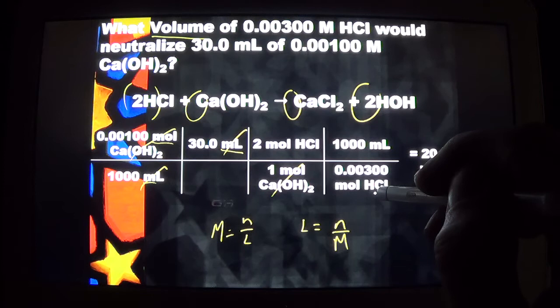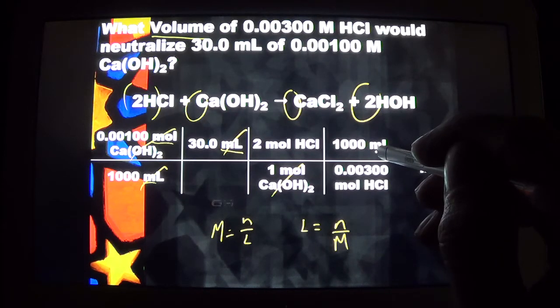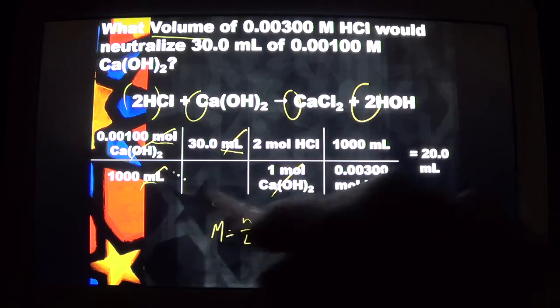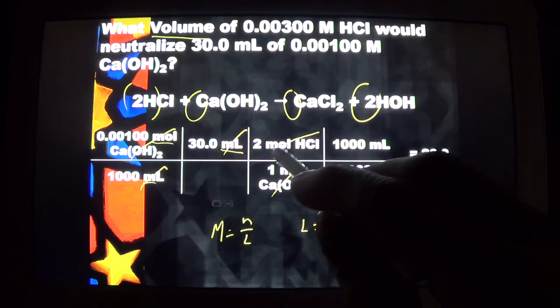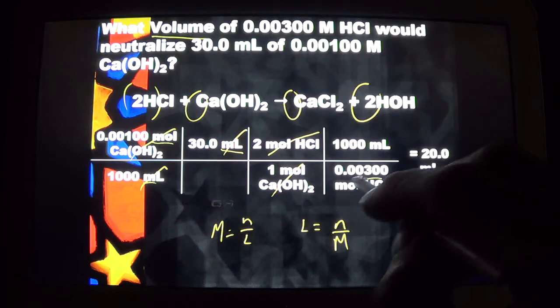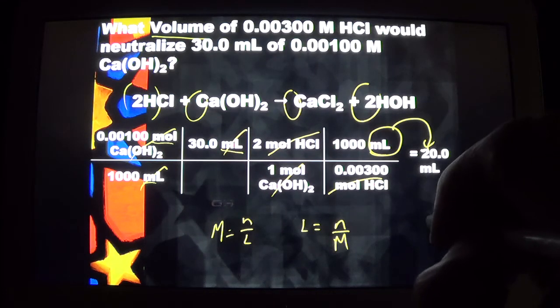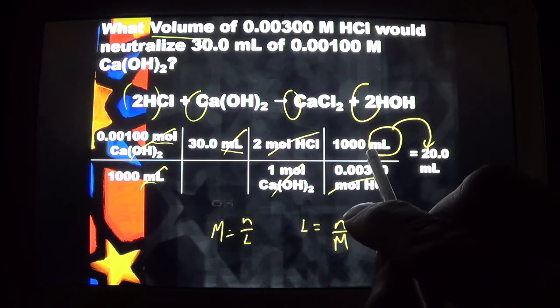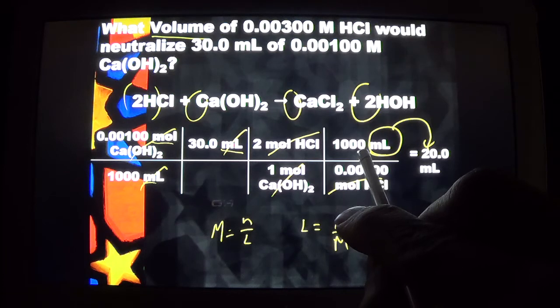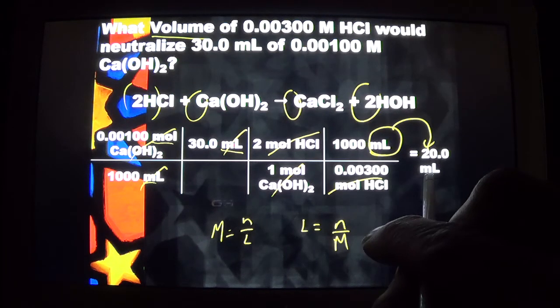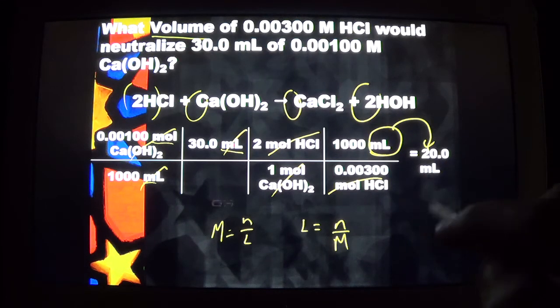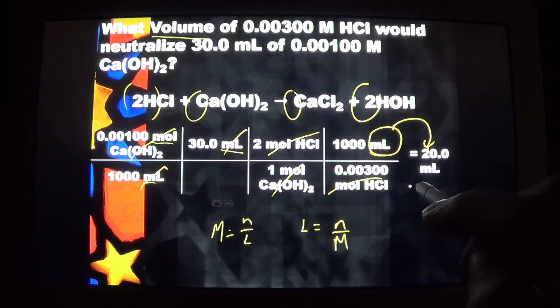But I wrote molarity as moles and milliliters, very similar to over here, so that you could actually see how moles of hydrochloric acid cancel, leaving me with milliliters for my answer. Now I did not have to put milliliters here. I could have put 1 liter, and then my answer would have been 0.0200 liters.